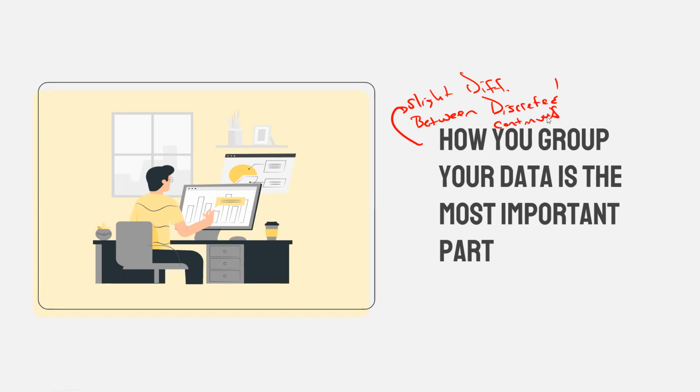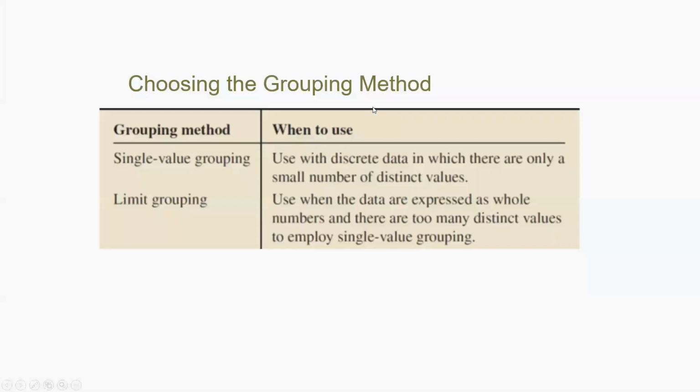You have to choose a grouping method to group your data by. The first way is called a single value grouping method, and you use it with discrete data in which there are only a small number of distinct values, so for data that has counts of some type.